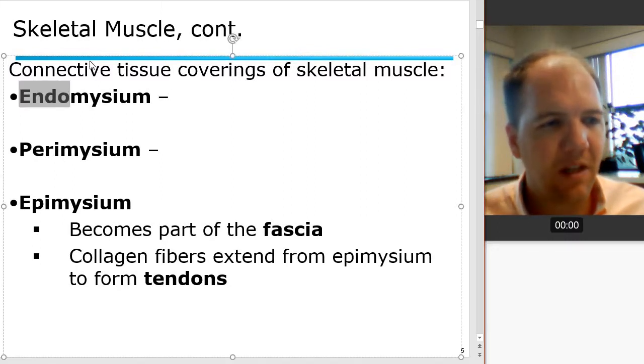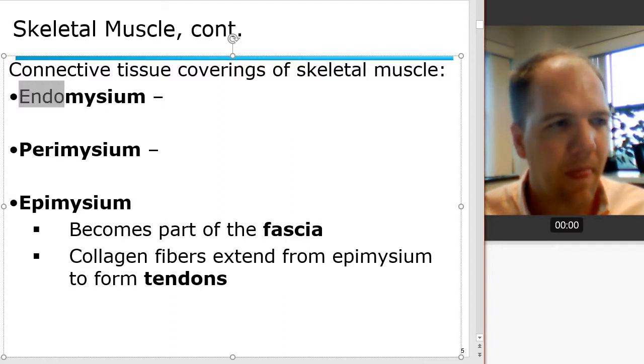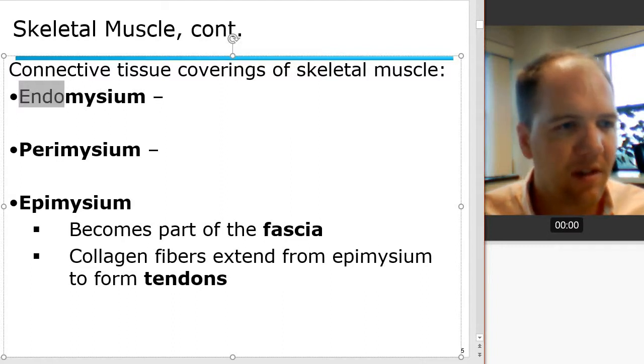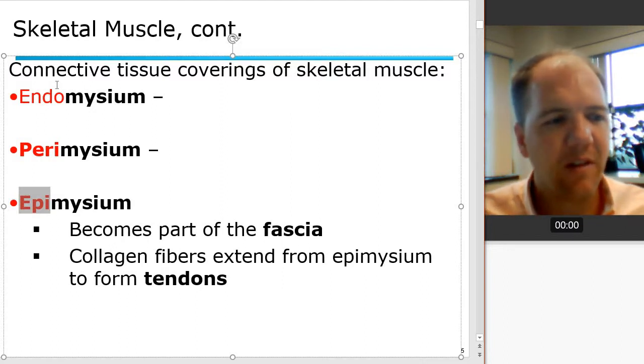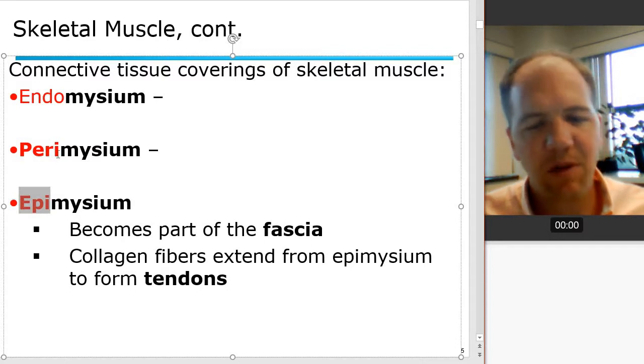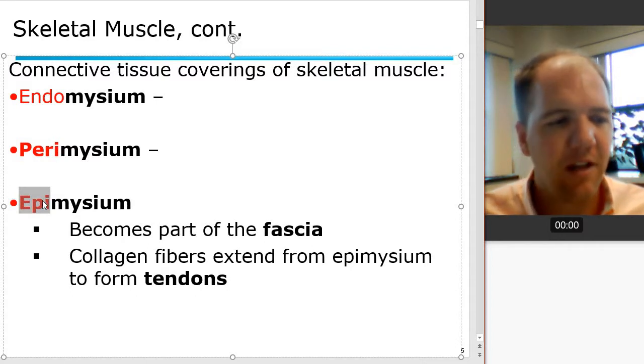We're going to see these prefixes throughout the semester: endo, peri, and epi. We've seen epi and endo already. Peri is kind of a new one. And then mysium is referring to muscles. So endo means on the inside, peri is basically intermediate, and epi is on the outside.